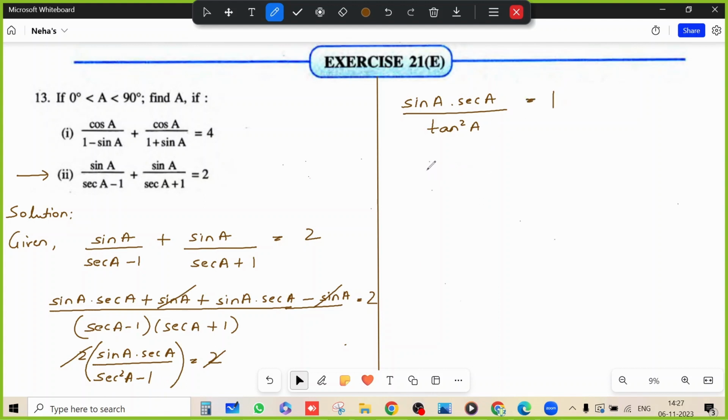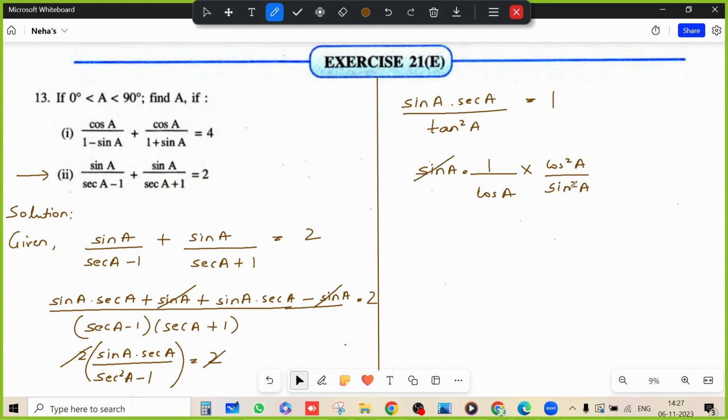Now we can rearrange it in the form of sine and cos. This will become sin A, sec A can be written as 1 by cos A, and tan square A here can be written as sin square A by cos square A in the numerator now.